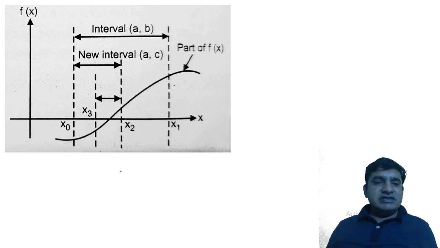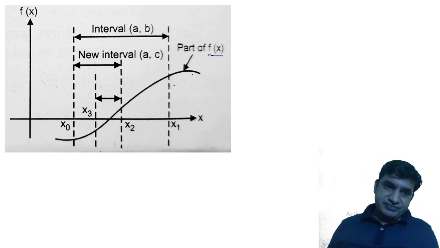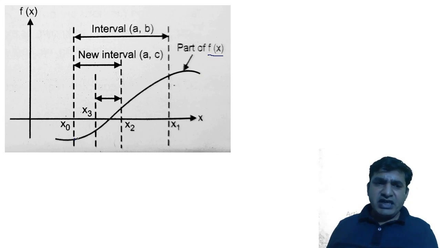So here this represents the function f of x. Here this represents x0 and here is x1.